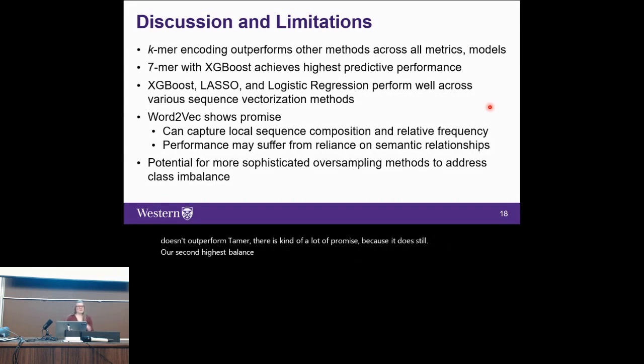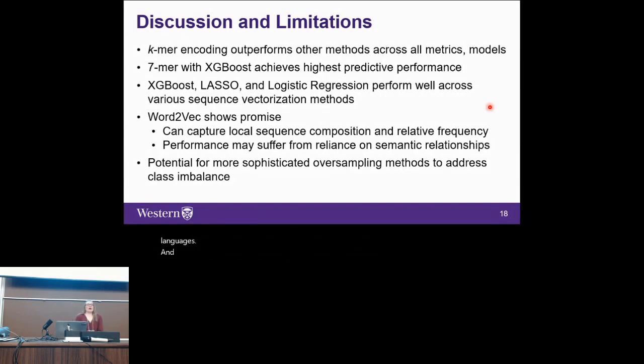Some of this performance might be hampered by the fact that word2vec was specifically designed for natural languages. Although it might not be able to fully capture local sequence structures, it does a pretty good job, but it's not really fine-tuned for this approach. Its performance might suffer because it relies on semantic relationships that are more designed for natural languages.